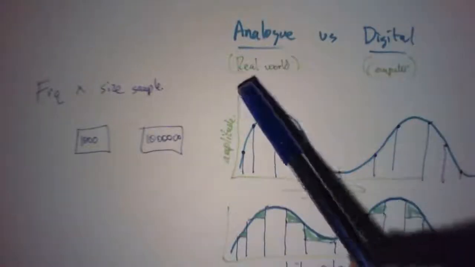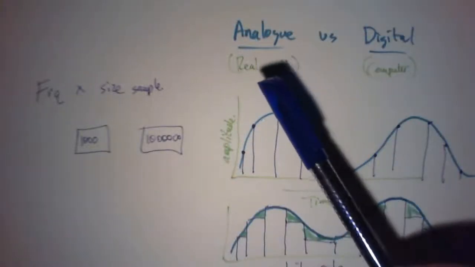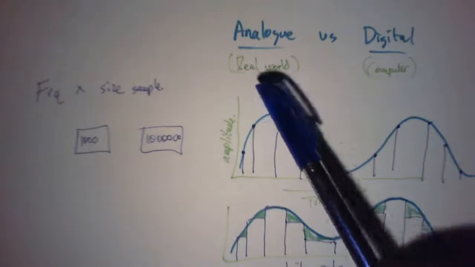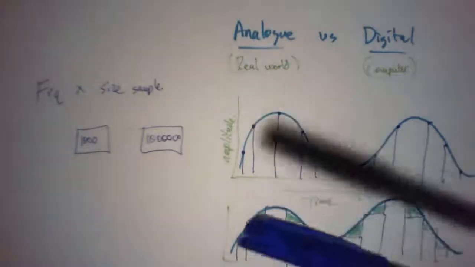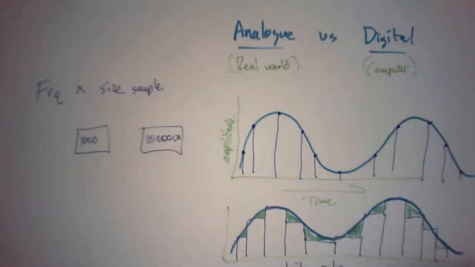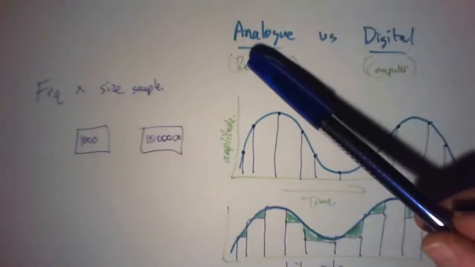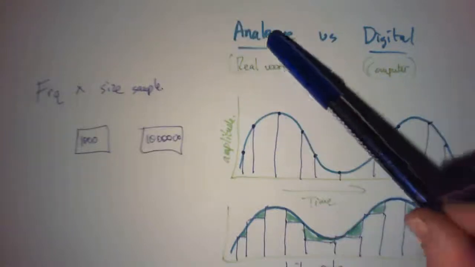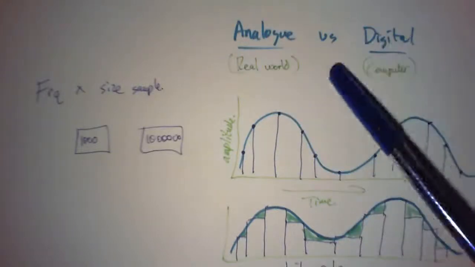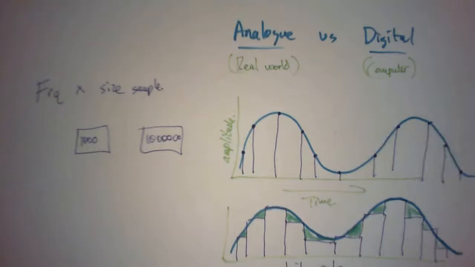But this is a fundamental issue with computer science. Everything we do in the real world, sorry, not everything, a lot of the things we now want computers to do means that we have to find smarter ways of converting our analog signals into digital. Now, it's not too hard.